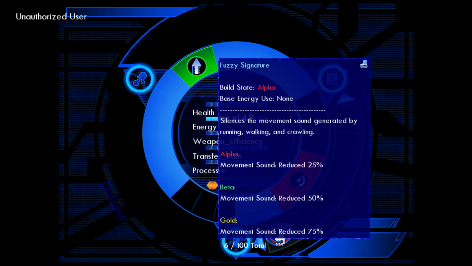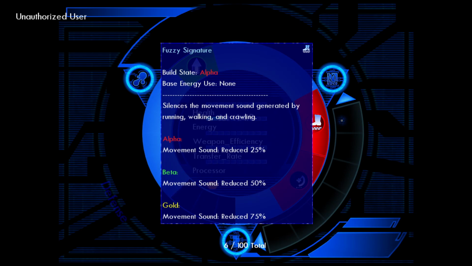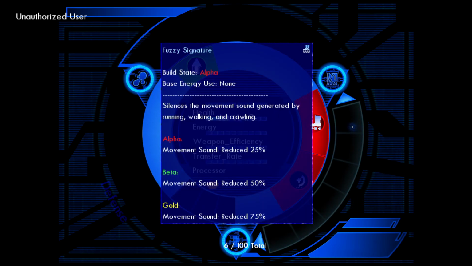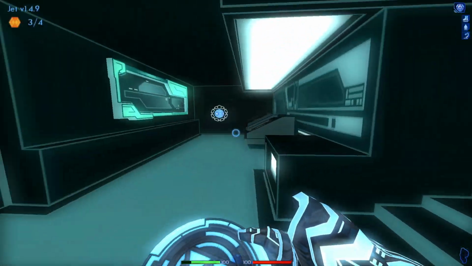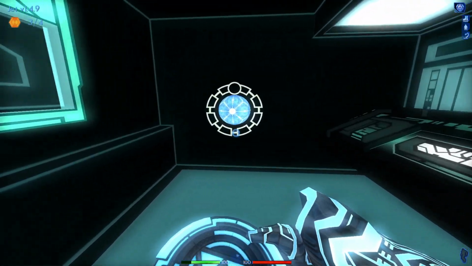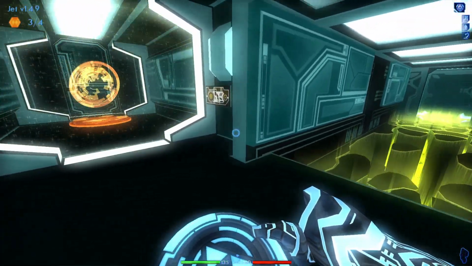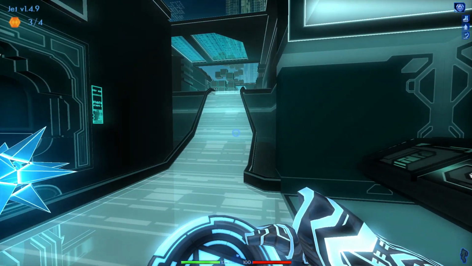In alpha, it reduces the sound by 25, in beta 50, and in gold 75%. I'm assuming this relates to the area or the range at which we can still be heard. Not really a fan of this, as I'm not a fan of any slow playstyle like crouching and more walking up to ledges and trying to see if there's enemies near them. But we picked up the permission, so it's time to continue.